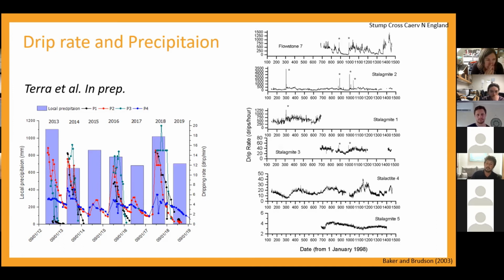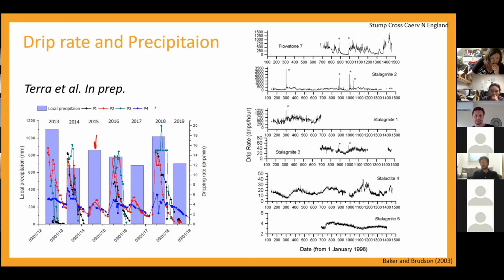This is a study performed in a cave using 4 different dripping points, and this blue bar is the annual variation. We see that sometimes a rainy year also has a high dripping rate among the 4 monitoring sites. But sometimes we also have rainy years with small calcite precipitation.